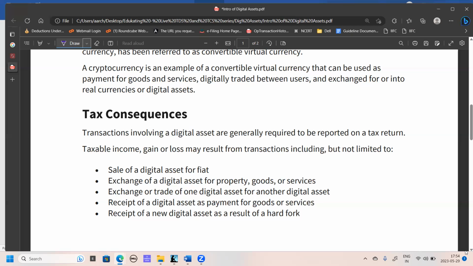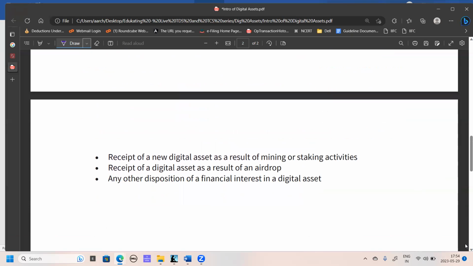Receipt of a new digital asset as a result of a hard fork: you're working in a foreign company, and maybe they will give you incentives or bonus in the form of digital assets. Receipt of a new digital asset as a result of mining or staking activities. As I said, there are many players in the digital assets industry involved in the mining process.